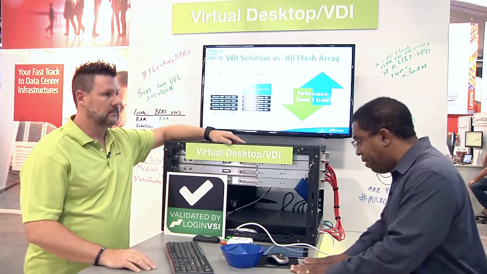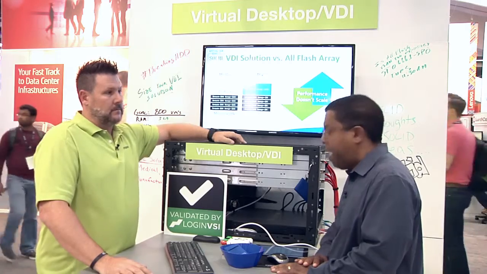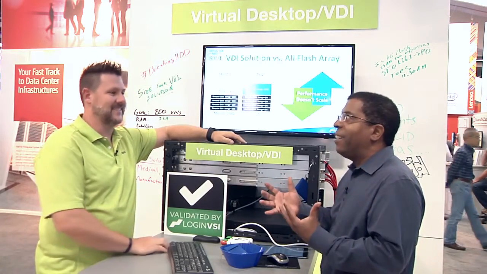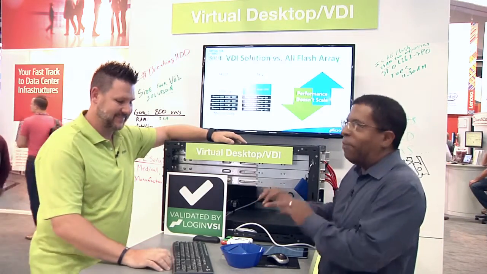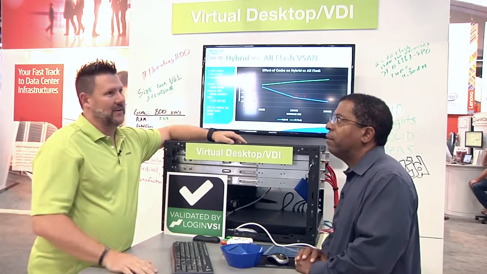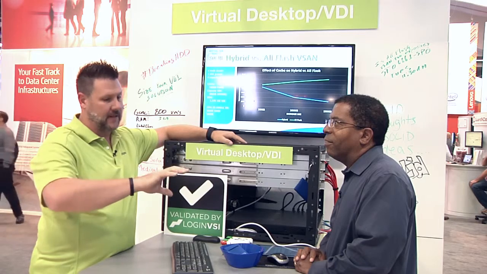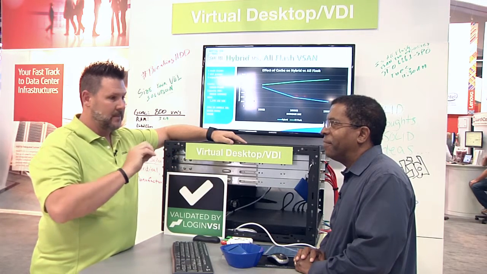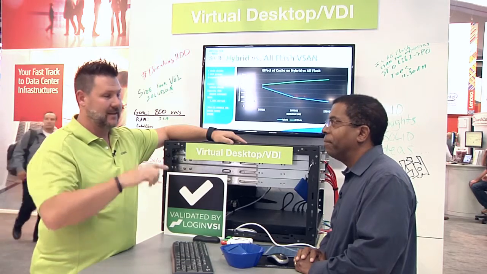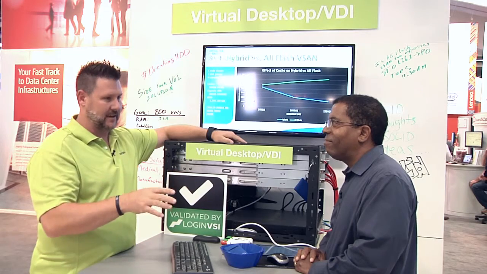That is pretty impressive. Why should customers choose all-flash vSAN versus hybrid? We're certainly hearing a lot about hybrid as an interim option, where you can save a few pennies. What's the rationale? The difference between all-flash vSAN and hybrid is that hybrid has to use cache to write, and it also uses cache to read, so there's a 70-30 mix there.